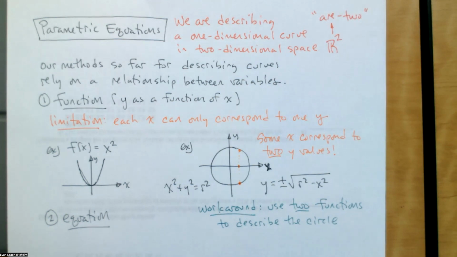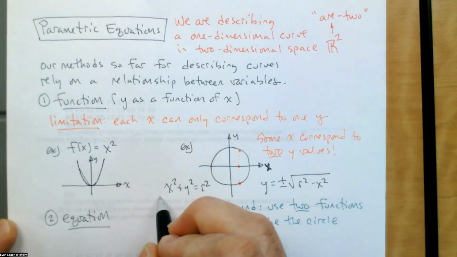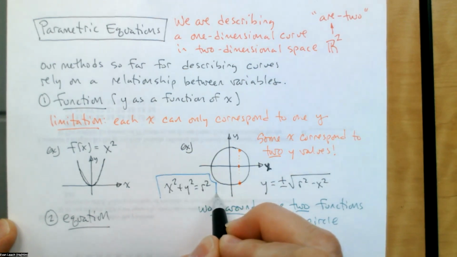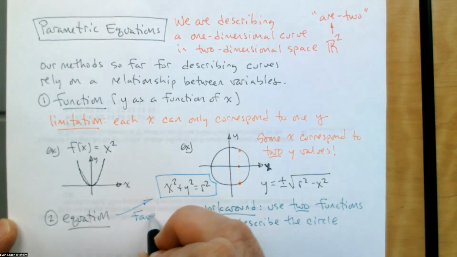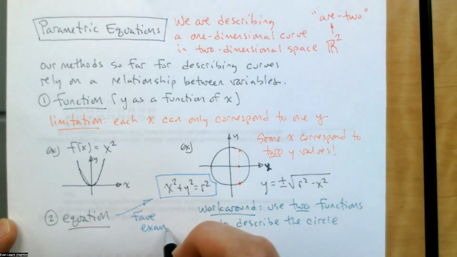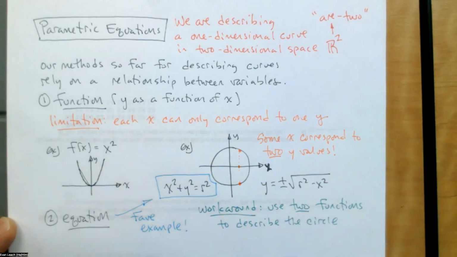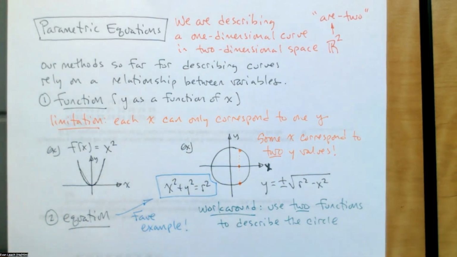And our favorite example is going to be the circle. x squared plus y squared equals r squared. This is an equation involving x and y, and we know that this equation describes a circle with a radius of r centered at the origin.